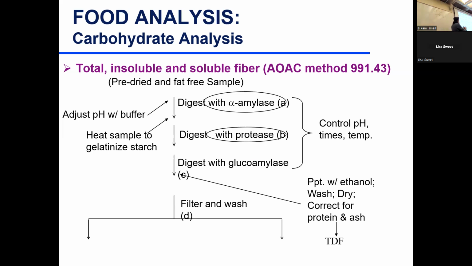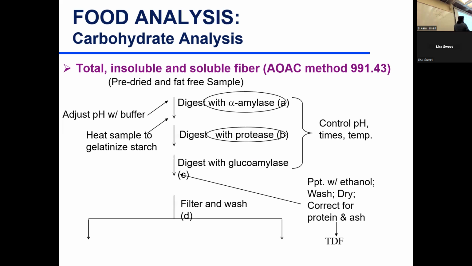So you heat, gelatinize the starch during heating, break down the starch by alpha amylase, break it even more by glucoamylases, and then digest with the protease. So what you end up having, you adjust the pH and temperature for optimal enzyme conditions, and then what you end up having is your dietary fiber, the soluble will be with the solubles, and then you have the insolubles that would precipitate.